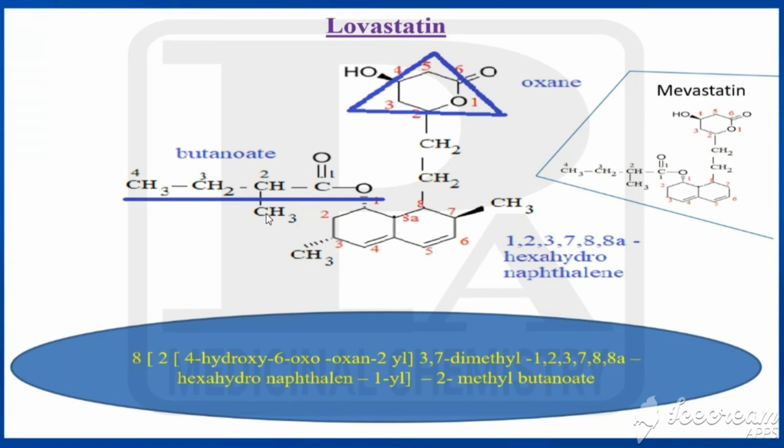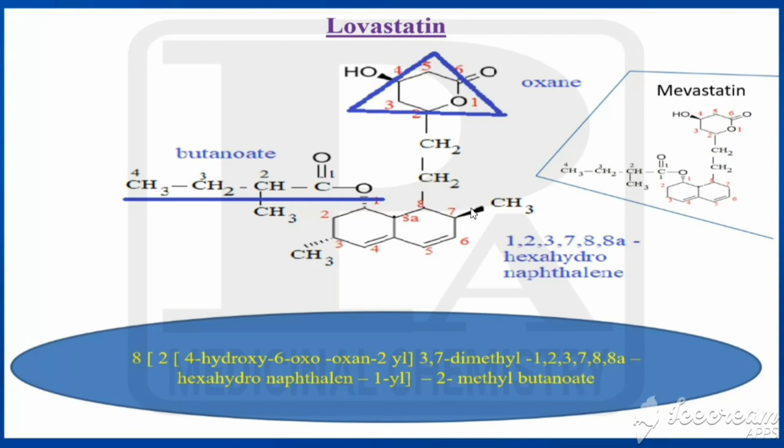So here we have to write the chemical name. The 8th position has the attachment, no? So 8, open bracket, for ethyl this would be the 2nd carbon. So 2, open bracket, in that 4-hydroxy, 6-oxo, oxan-2-yl. The 2nd position is connected with that. So 2-yl. Here you have to introduce ethyl. I forgot to write that, so you introduce ethyl here.